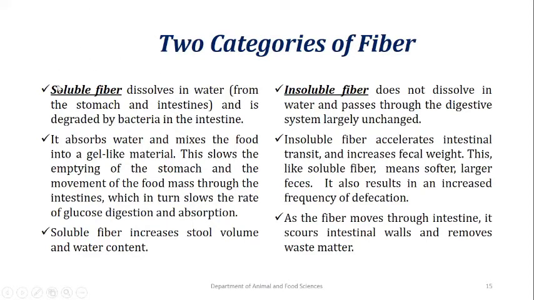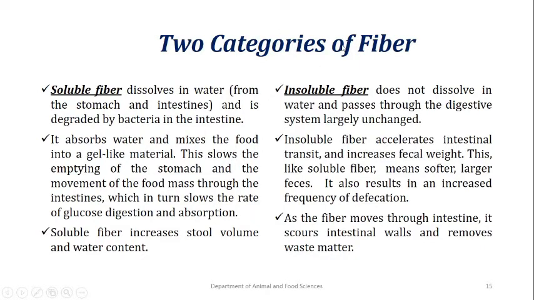They are soluble fiber and insoluble fiber. The basic difference between them is that soluble fiber dissolves in water, while insoluble fiber does not dissolve in water. The fermentation that takes place in the digestive system, in the large intestine, is of soluble fibers.